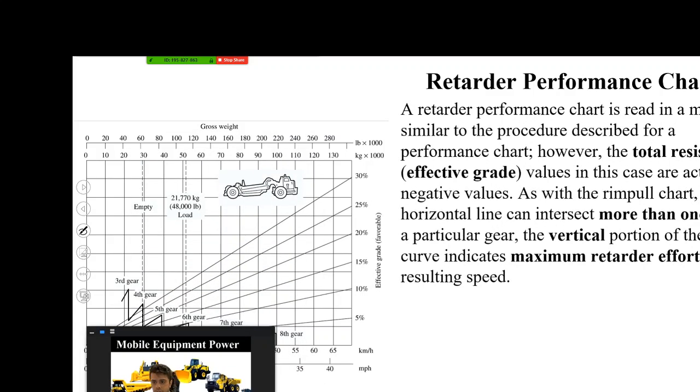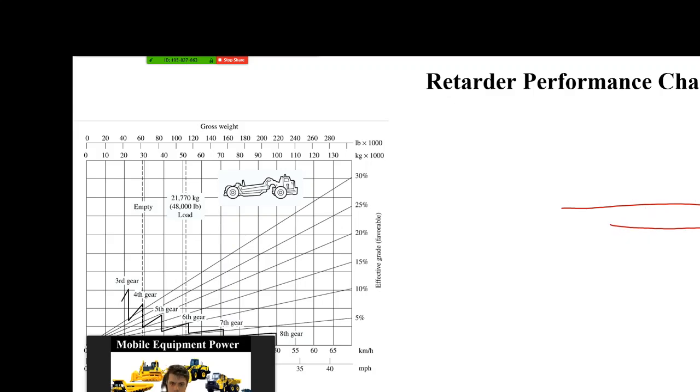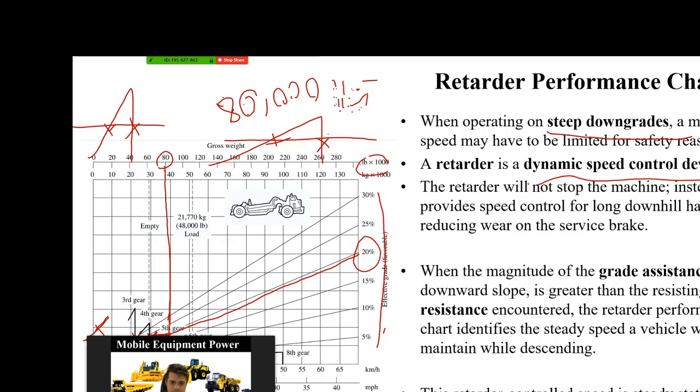Retarder performance chart. The horizontal line can intersect a particular gear at more than one point. This is the diagonal portion, and this is the vertical portion.